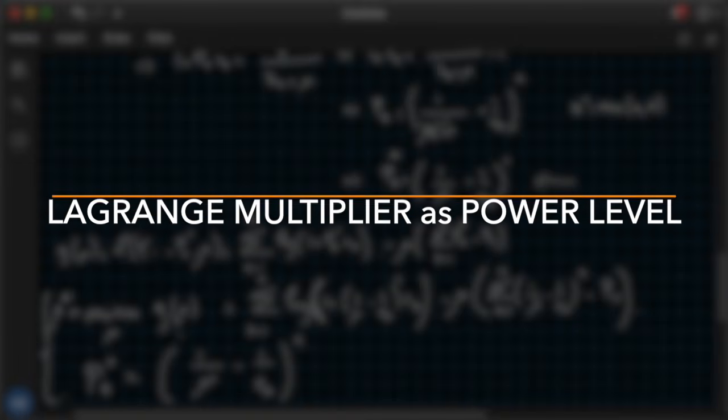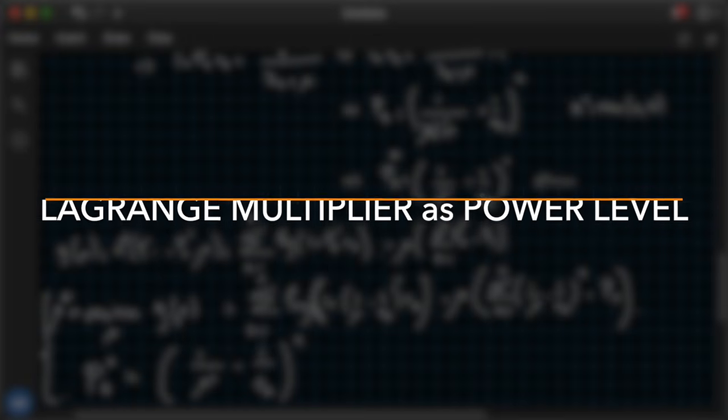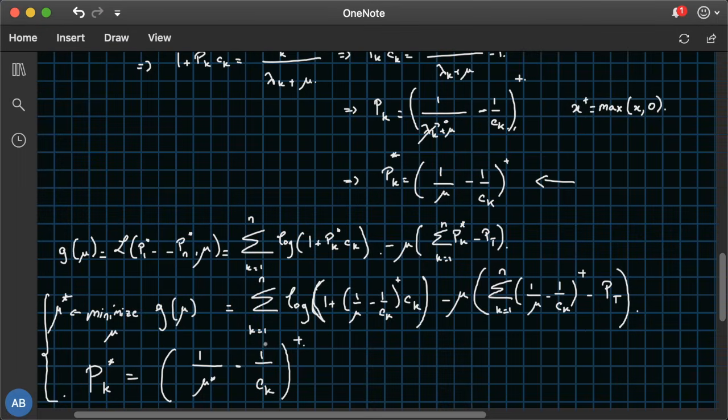Now, to appreciate the water filling algorithm, it's really interesting to look at the interpretation of the Lagrangian multiplier mu. Now, what does 1 over mu reflect? Of course, 1 over mu and 1 over ck are interpreted as powers, right? You can't just subtract two quantities to give power unless each quantity is a power itself.